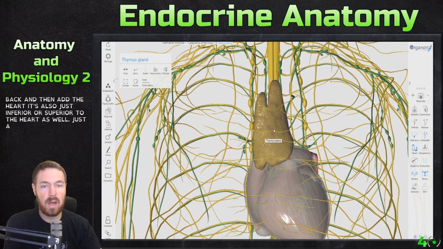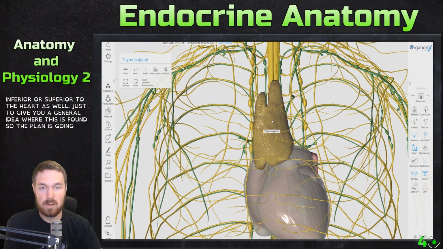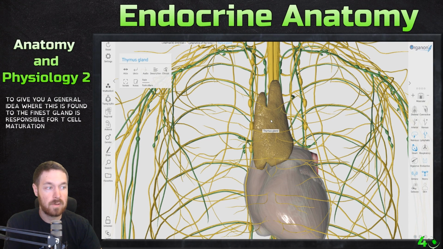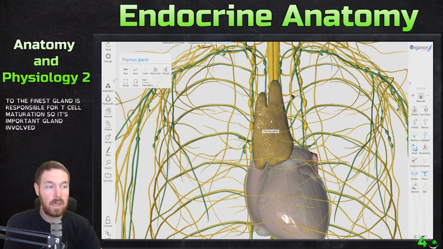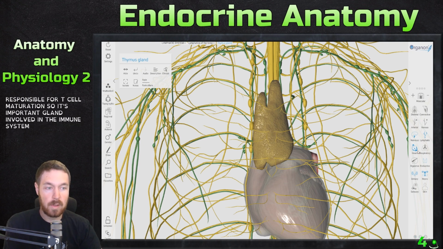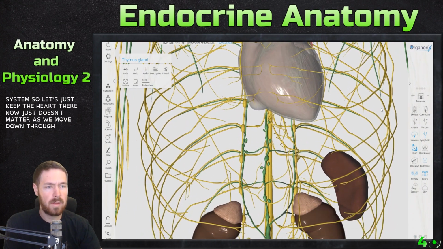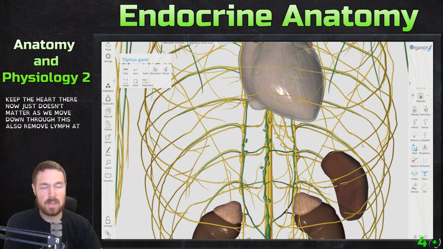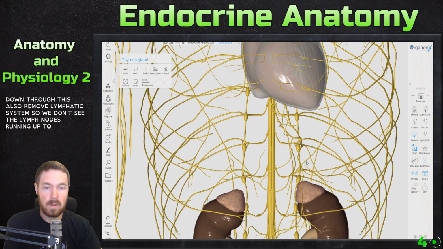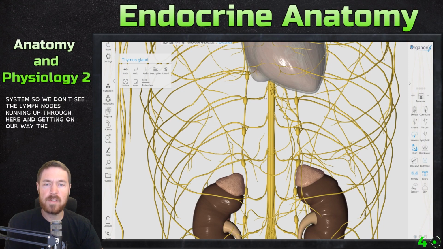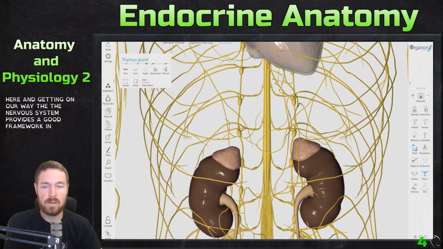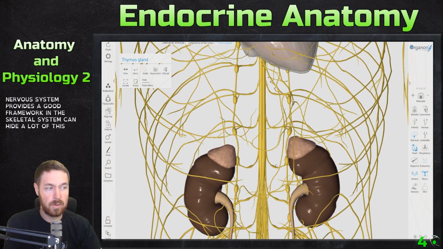So just to give you a general idea of where this is found, the thymus gland is responsible for T cell maturation, so it's an important gland involved in the immune system. So let's keep the heart there. Let's also remove the lymphatic system so we don't see the lymph nodes running up through here and getting in our way. The nervous system provides a good framework, and the skeletal system can hide a lot of this too.